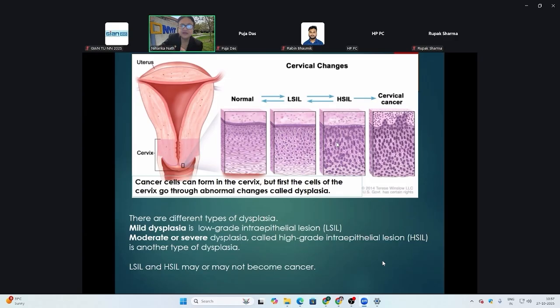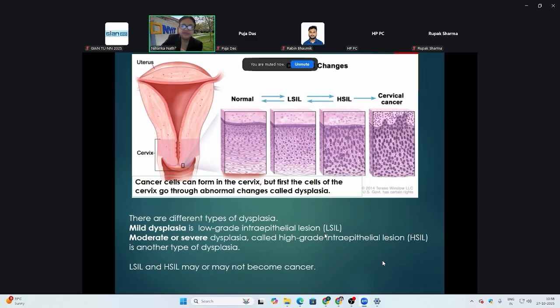Then there is a high grade, moderate or severe dysplasia, in which the nucleus has become fairly large, and each of these cells has a huge nucleus, which is a very unique characteristic for cervical cancer.